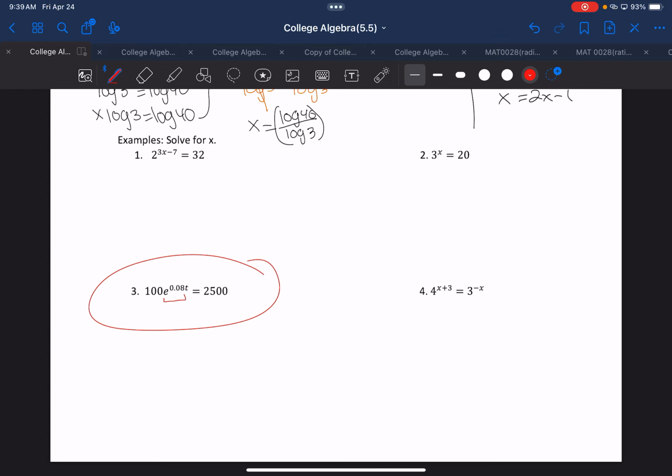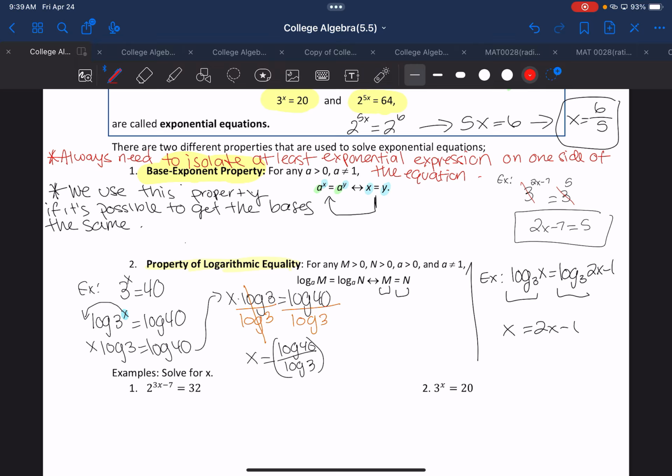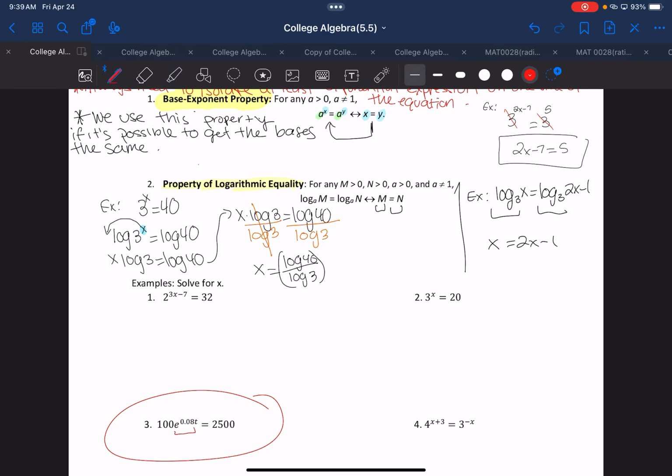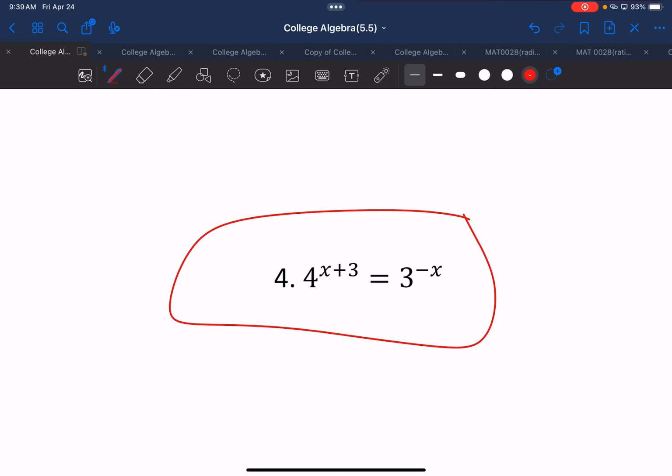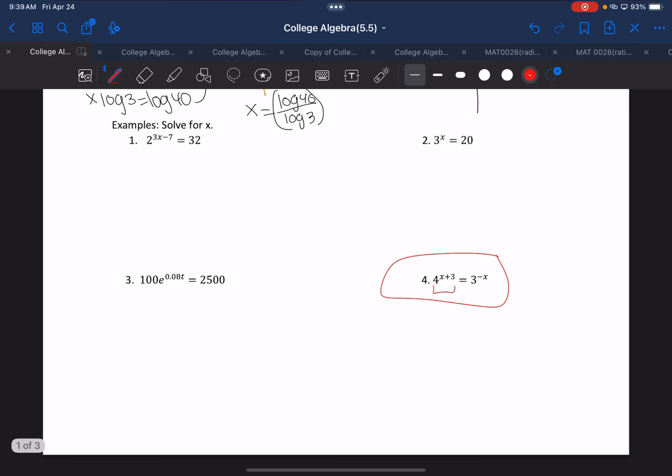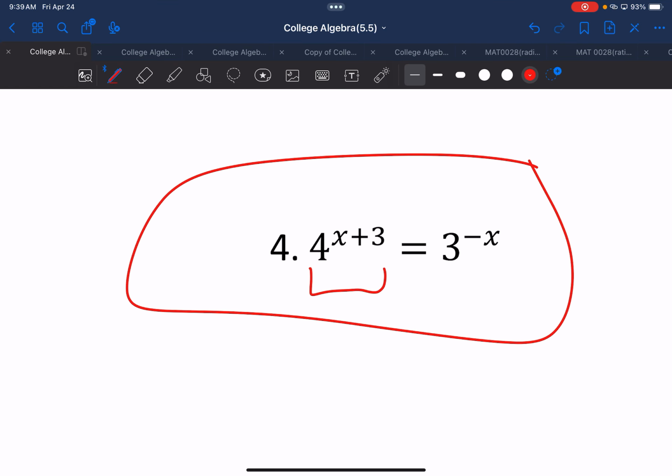Okay, so you can only use these properties once you get the exponential expression by itself first. And it's okay if you have 2 by itself, like this one. That's fine. You have at least one by itself on one side. So if you have 2, this one's that 4 to the x plus 3, that is its own exponential expression, isolated on one side, because there's nothing being multiplied in front of it or added in front of it.